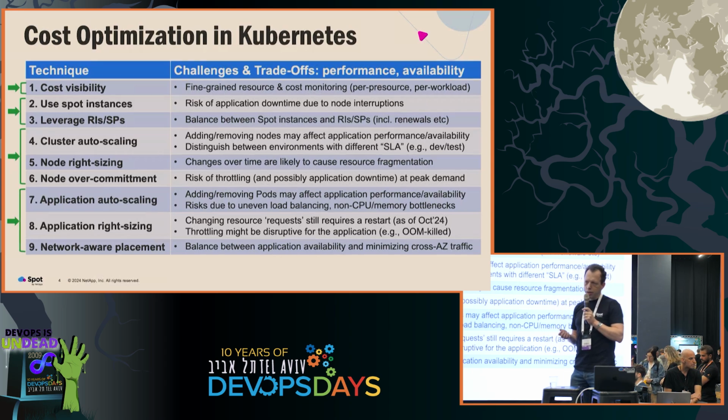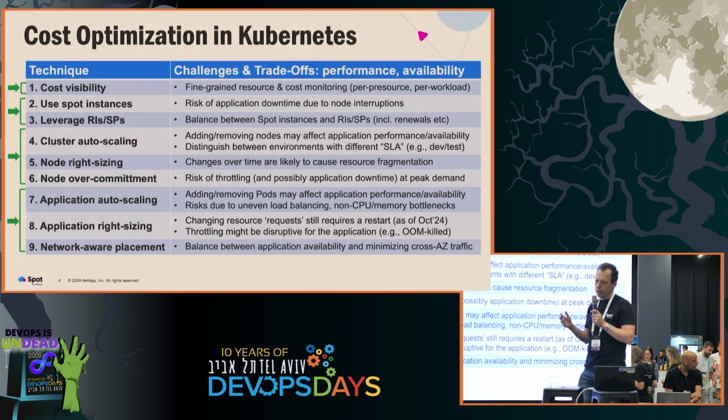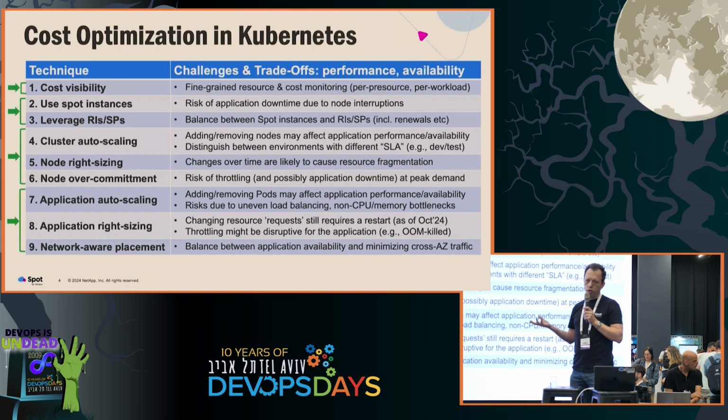And historically, network is not a resource that is managed as tightly as others in Kubernetes. So it's often much more challenging to even understand that half of your cost is actually traffic between availability zones. And incorporating that into your overall optimization approach is also quite challenging.